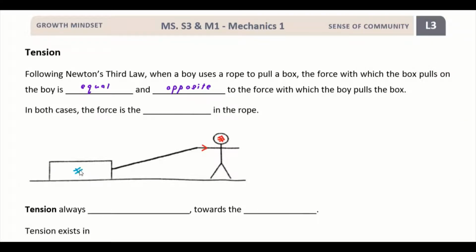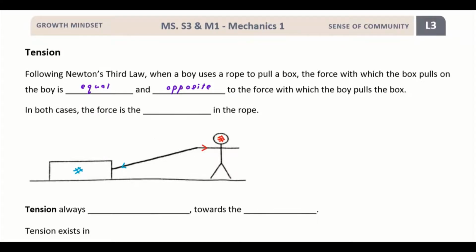Because for any action there will be an equal and opposite reaction, when this boy pulls the box, the box will pull back as well. This is the force exerted by the box here.